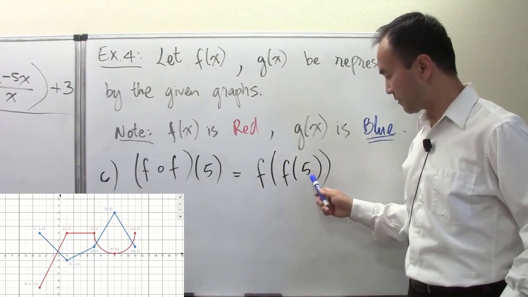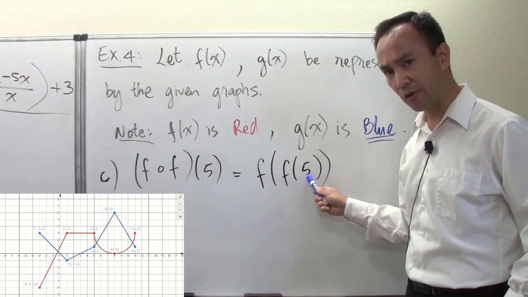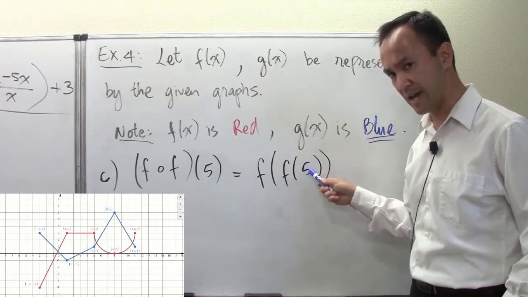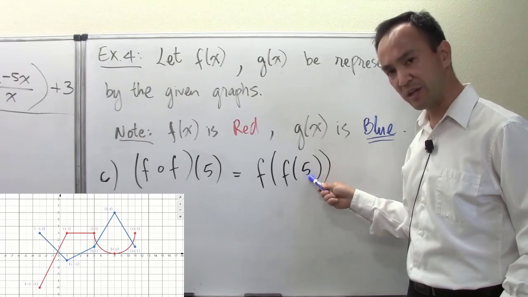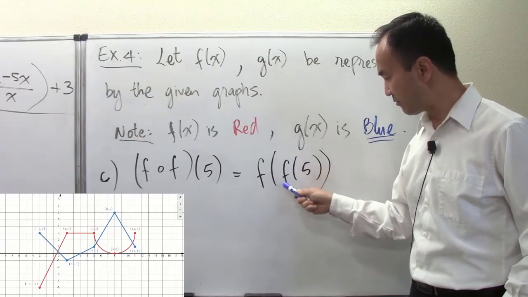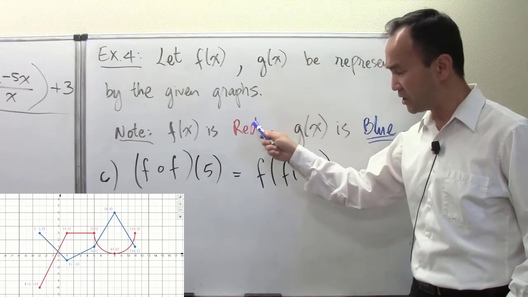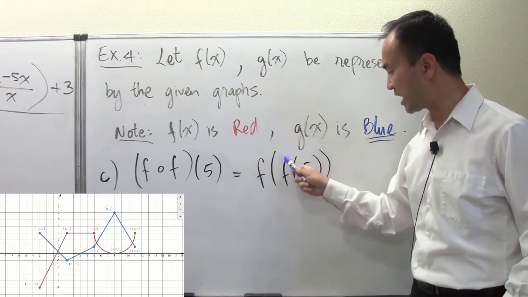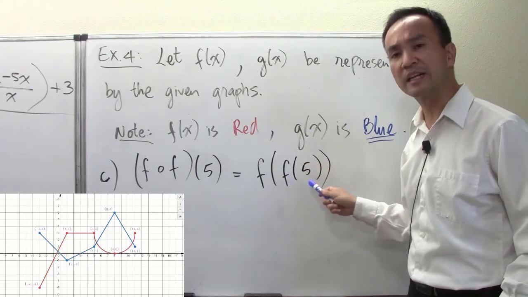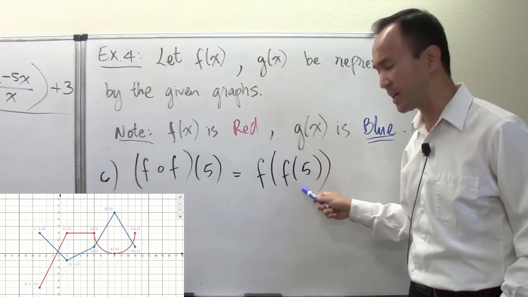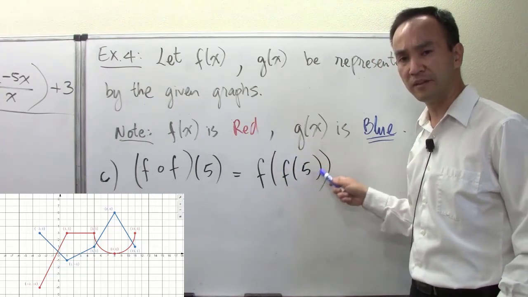So at the innermost level right here, we're starting out with an input on the x-axis. Then I'm going to use the function f, my red curve, to estimate the output value of f of 5.